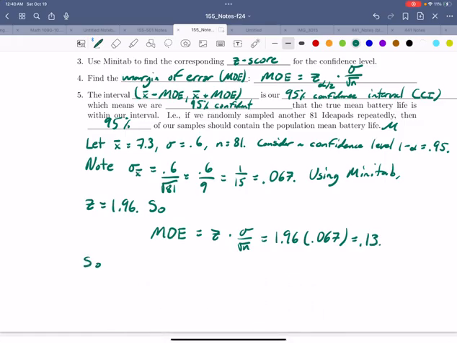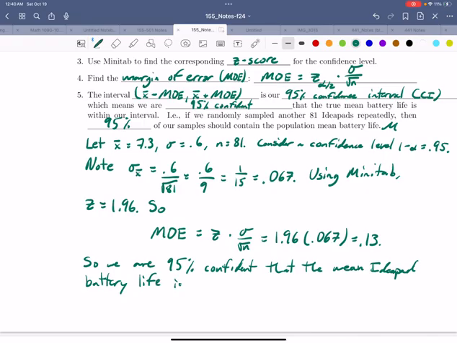Okay. So we are 95% confident that the mean IdeaPad battery life is within our 95% confidence interval, CI, which is 7.3 minus 0.13 to 7.3 plus 0.13, which equals 7.17 to 7.43.